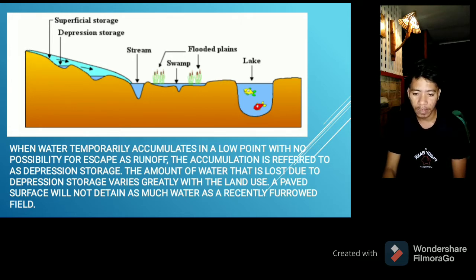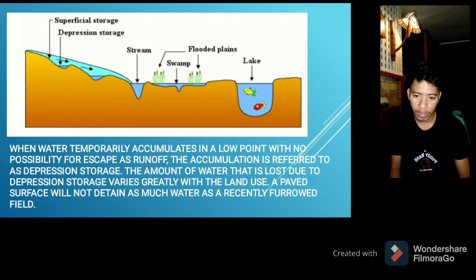A paved surface will not retain as much water as a recently furrowed field. As you can see here in this illustration, the runoff of water is going directly to the lake.